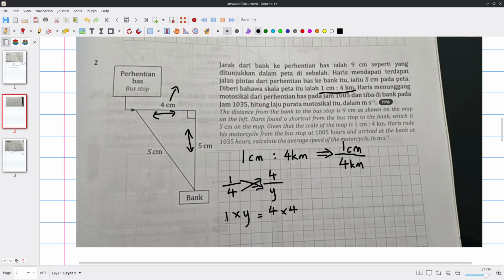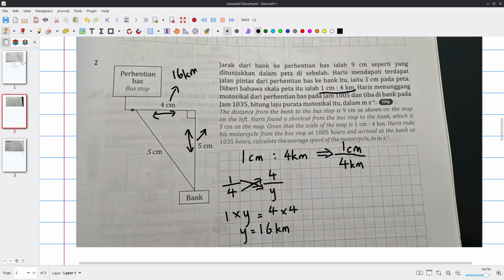Alright, so 1 multiplied by Y, we will always get Y back only lah. And then 4 kali 4, 16 lah. Okay, this is our 16 km. Alright, so in other words, this is supposed to be 16 km lah in real life. Alright so this one is your first answer for untuk bahagian sini lah.